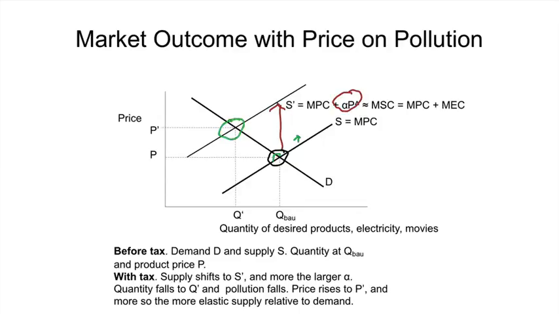So what the tax has done is induced us to buy and produce less of that pollution-intensive product. And so yes, we have less of these nasty washing machines, we have less driving of our cars, and it's rationed to us by a slight increase in the price, and we've also got less pollution.